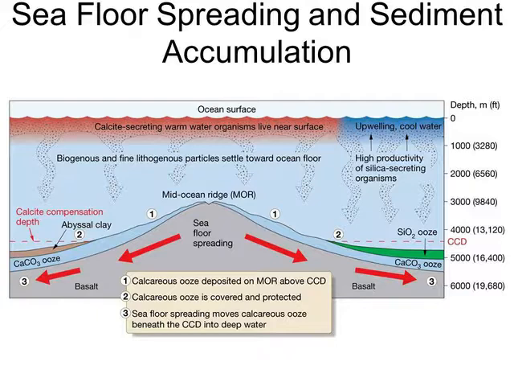The blue area, the calcium carbonate ooze, will dissolve once it gets below the CCD. But we do see previous calcareous oozes that have been covered with abyssal clay or siliceous ooze, and then you can see that previously it did come from an area that was above the CCD.